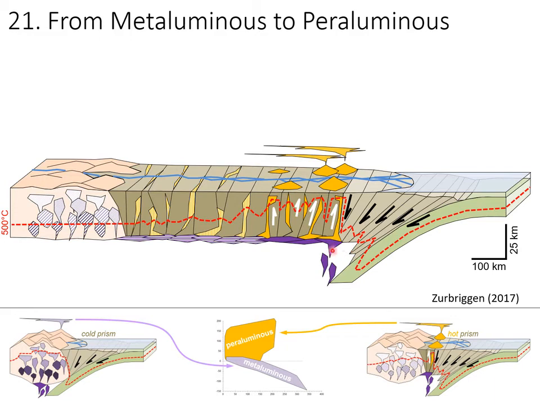We only transfer the heat and we generate peraluminous magmas by the melting of greywacke. And that's why we change the composition from this signature to this signature. So understanding peraluminous arcs is very important in the context of Paleozoic subduction-accretion complexes, which cratonize in situ during peraluminous magmatism.